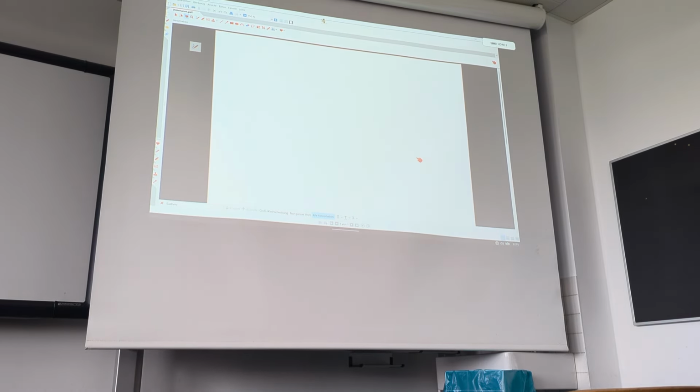Okay, so we have the function. I want to write it in blue: g of p equal to 1 over p squared times p plus 1.